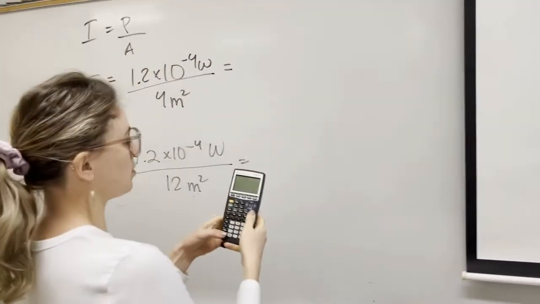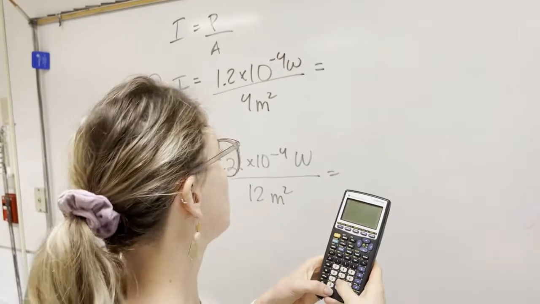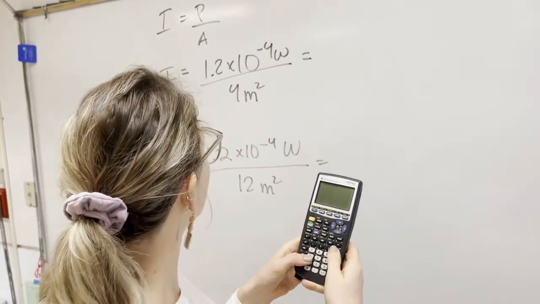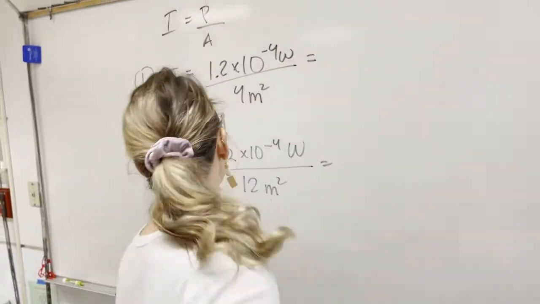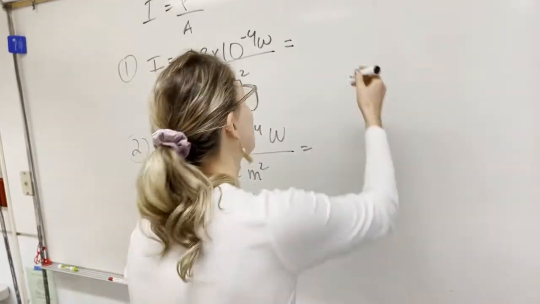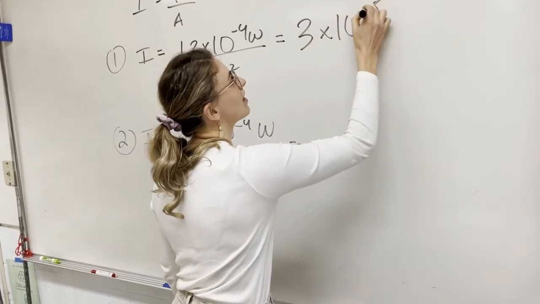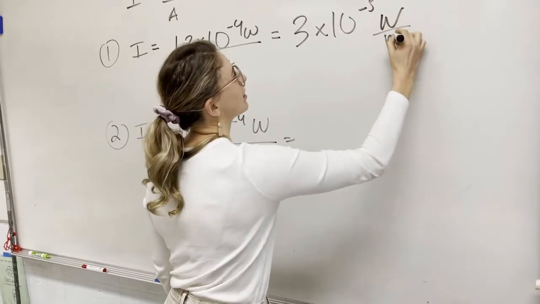So let's plug this into the calculator. 1.2 times 10 to the negative 4th divided by 4 meters squared. Well, 12 divided by 4 is 3, so it's 3 times 10 to the negative 5 watts per meter squared. Maybe one of these days I'll be as good at the mental math as the Boykinator.